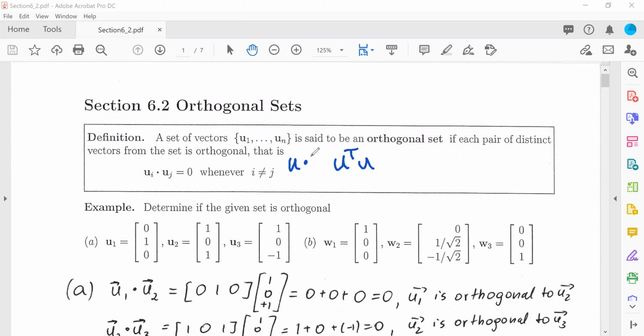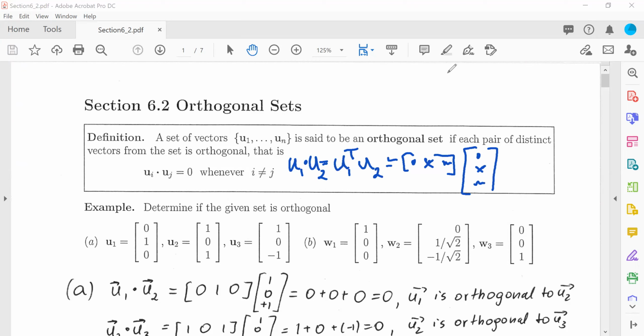For vectors u1 and u2, the first vector transposed would be a row. So it's vector 1 times vector 2. We multiply entry-wise: the first entry times the first entry, plus the second entry times the second entry, plus the third entry times the third entry. That's the definition of the dot product.